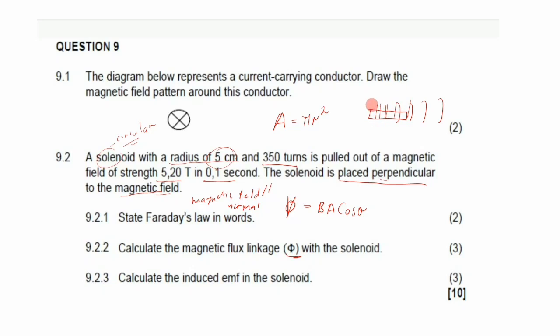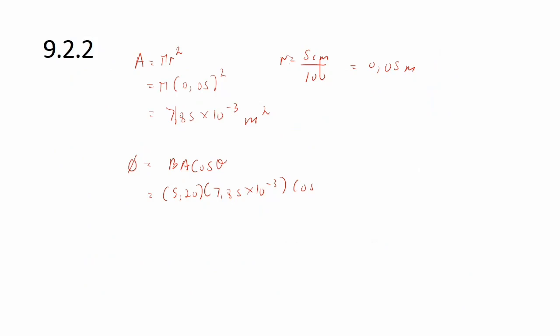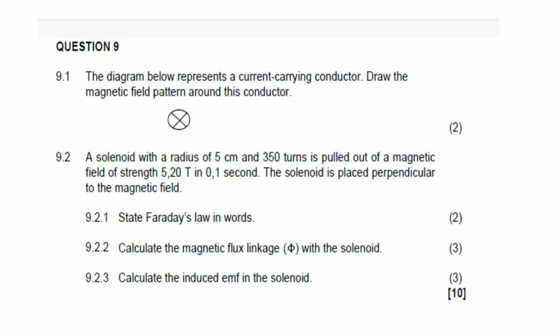So the magnetic field and the normal will be parallel to each other. If they're parallel to each other, then theta is equal to 0 degrees. Then punching all that in your calculator, it will give you phi equals 0.04 Webers, right?